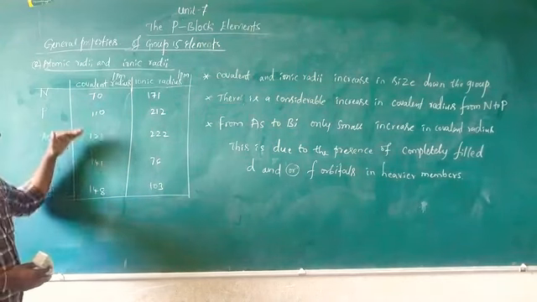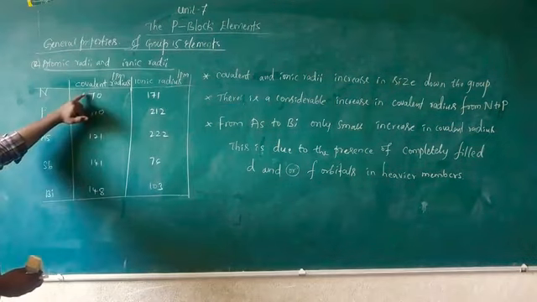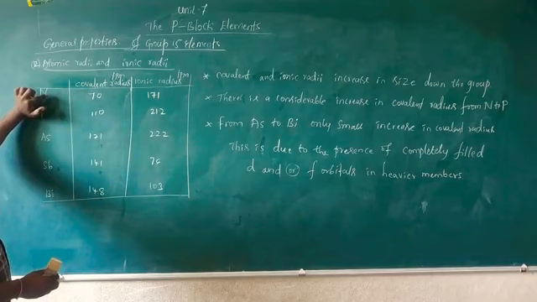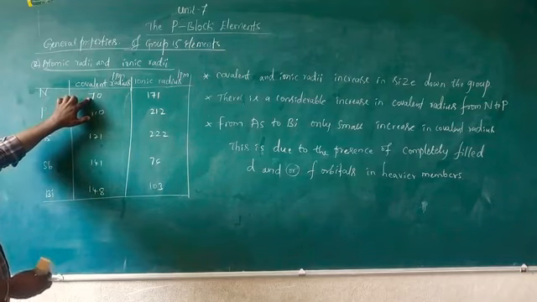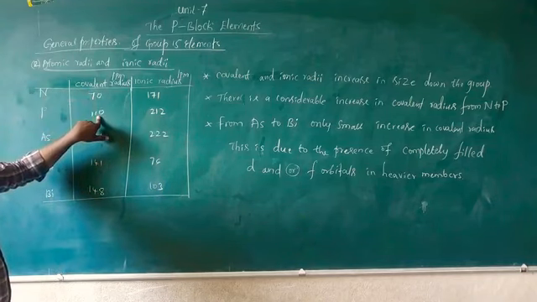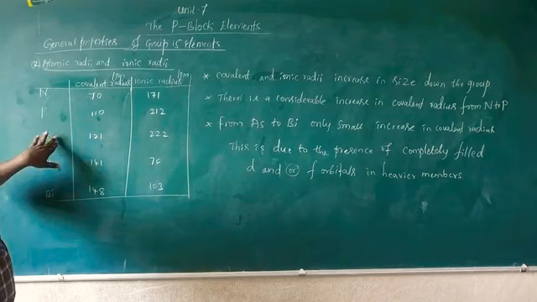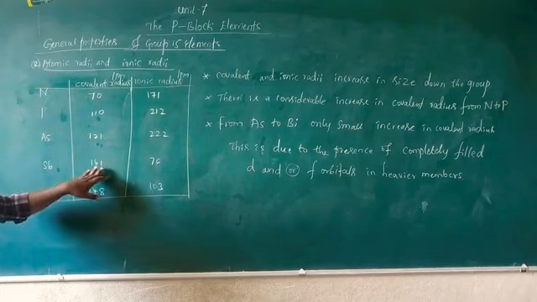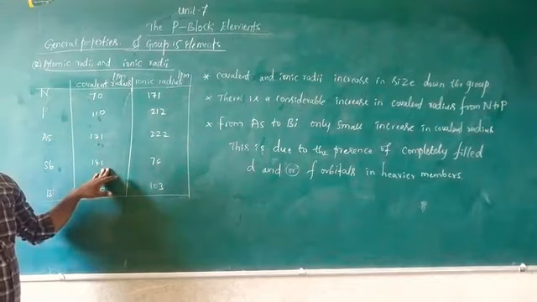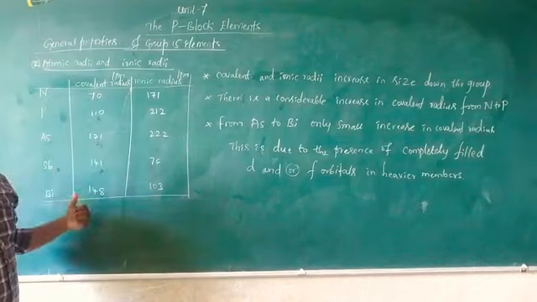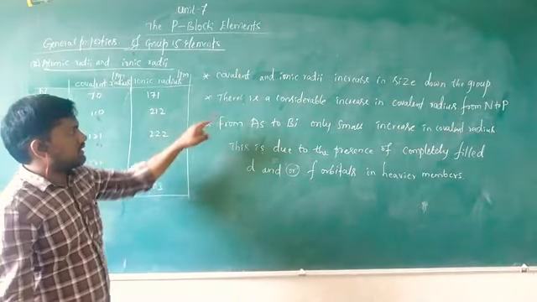So there is a considerable change from nitrogen to phosphorus, 70 to 110, because of the entering of 3d orbitals, and in arsenic, 4d. Here f orbitals enter, so considerable changes occur.